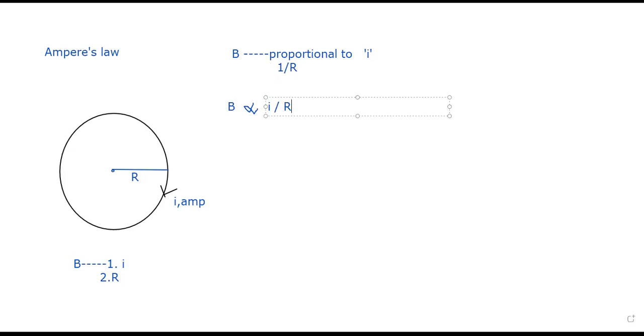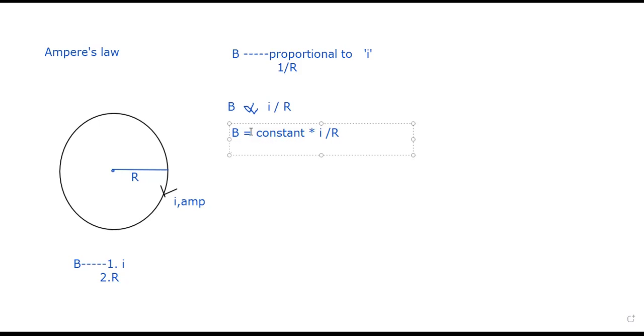If you write like this, then the proportionality symbol is replaced by a constant. So we will replace this proportionality symbol with a constant multiplied by I by R.